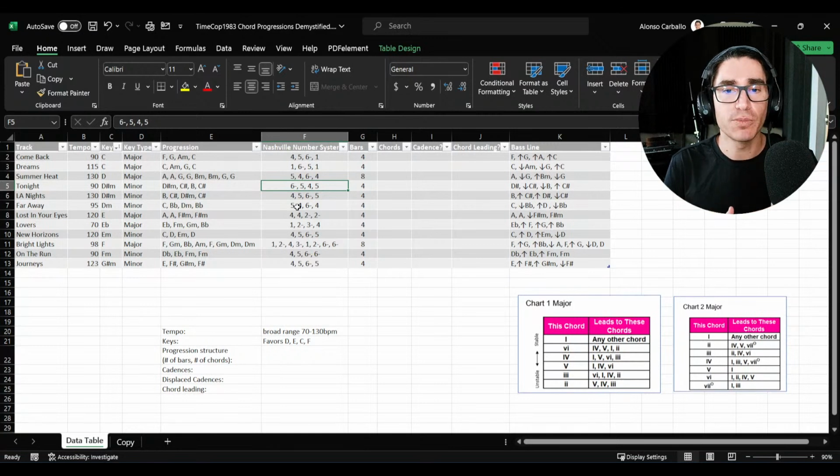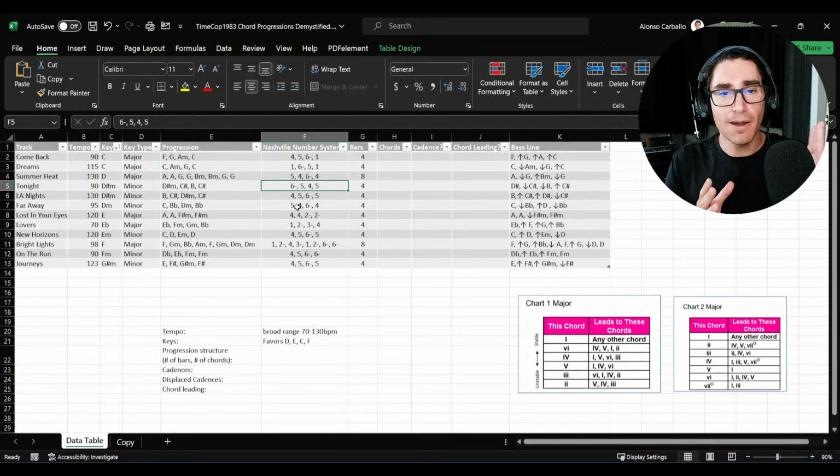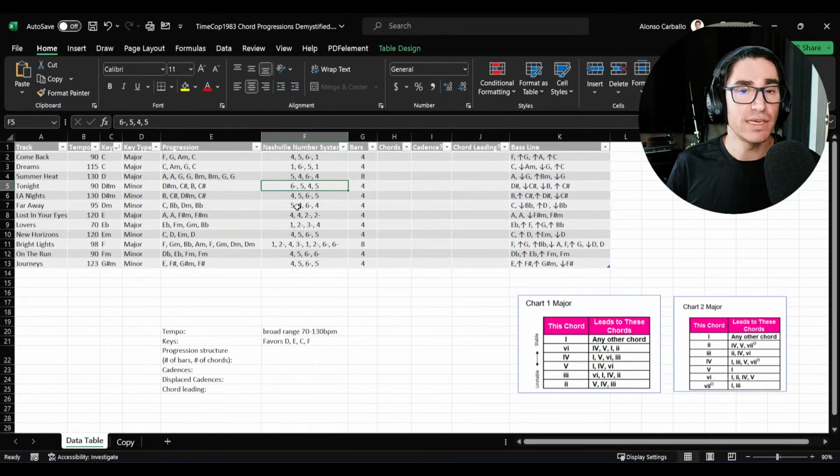If I tell you a 1-4-5 chord progression in a major key, for example in C, that would be C, F, G. But if we're looking at a minor key and I tell you the 1-4-5 progression, that would be A minor, D minor, and E minor. If I use the same progression in a major key, the 1-4-5 would translate to something different in a minor key. That would be the 3-6-7.